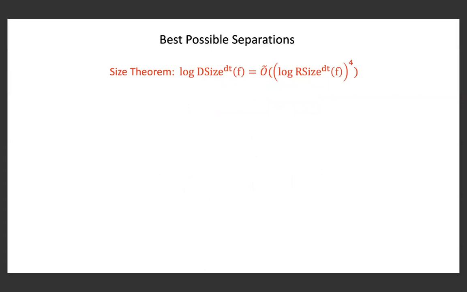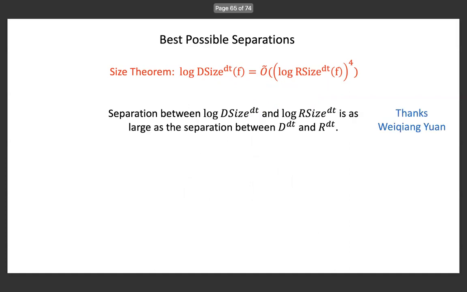About the separation or the optimality of our size theorem, it was brought to our notice by Xiaoyang Yuan that the separation between log of deterministic size and log of randomized size is at least as large as the separation between deterministic depth and randomized depth. This observation was told to us by Xiaoyang Yuan, and we thank him for this observation.